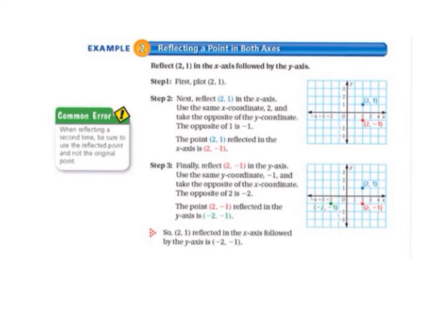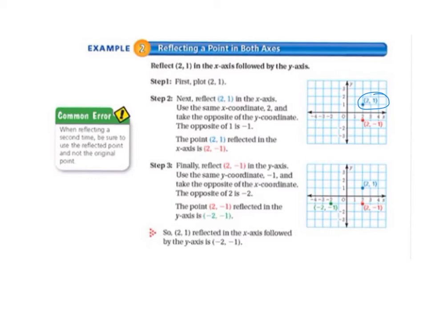Moving on to example 2, we'll be reflecting a point in both axes. So reflect 2, 1 in the x-axis followed by the y-axis. Our first step is to plot the point. So we're going to plot 2, 1, and then reflect it in the x-axis.